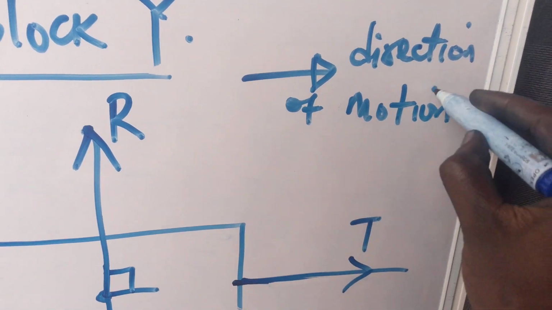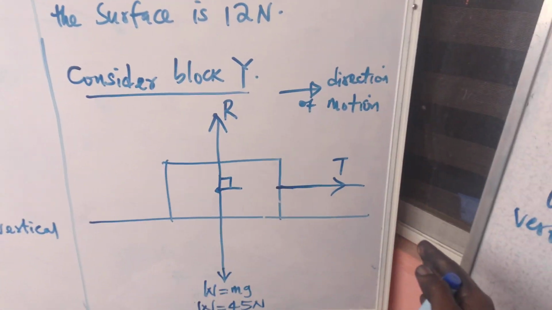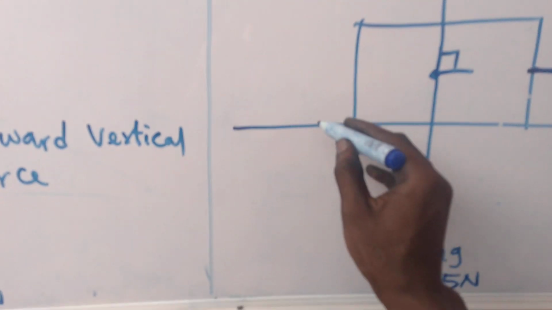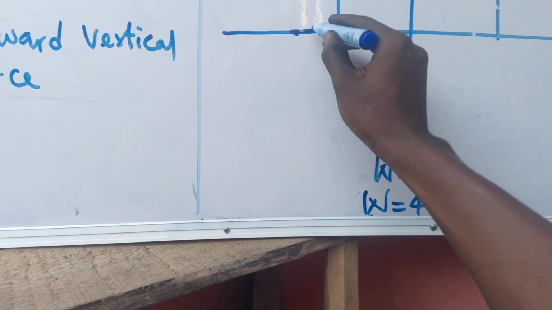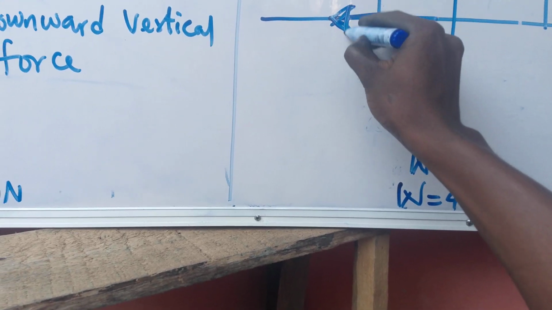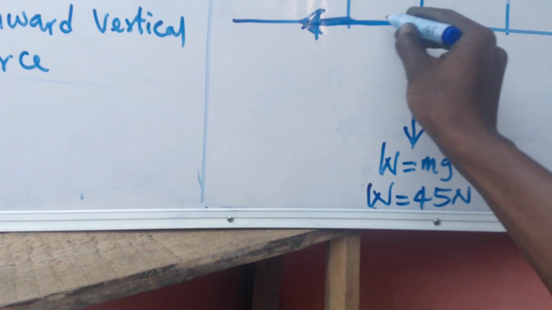So impending motion is towards the right, and it implies that the frictional force will act opposite to the direction of motion, acting this way.